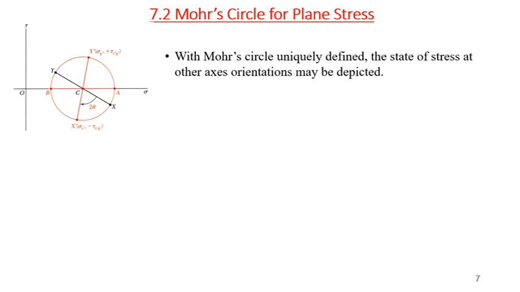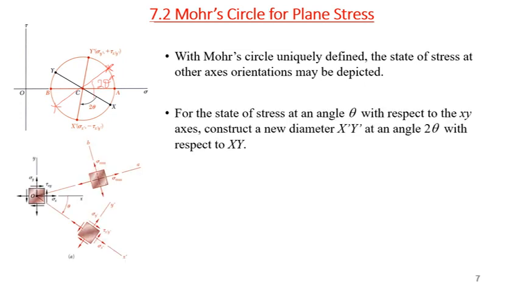Now if I want to rotate the element, let's suppose counterclockwise by theta prime, what I will do is rotate this line and draw another line, and this angle will be 2 theta prime, and these values will give me the state of stress at that orientation.